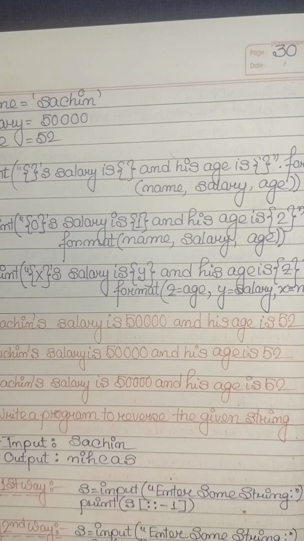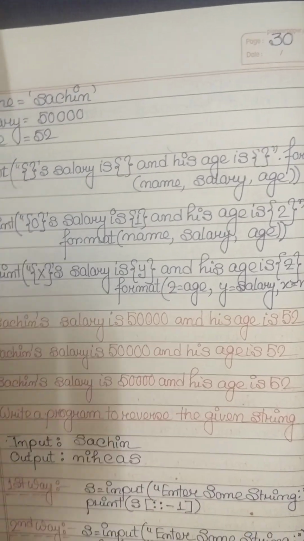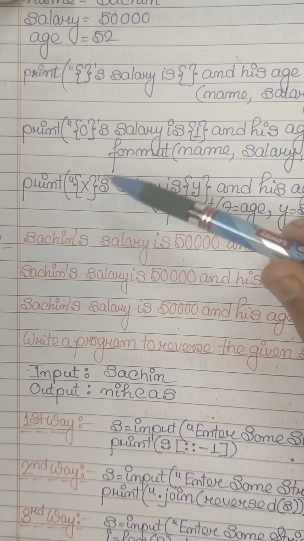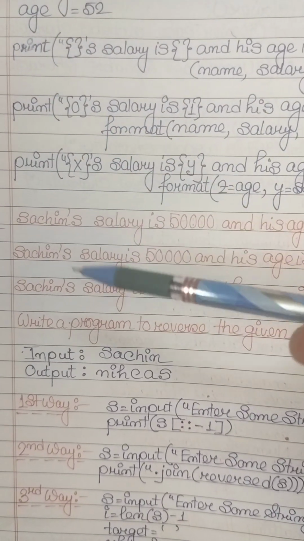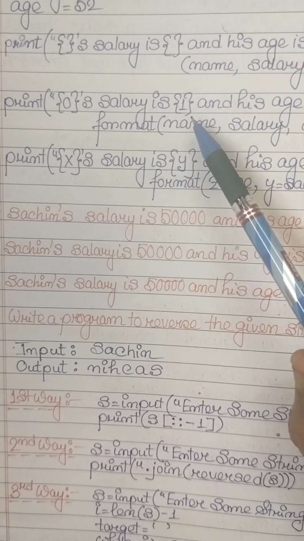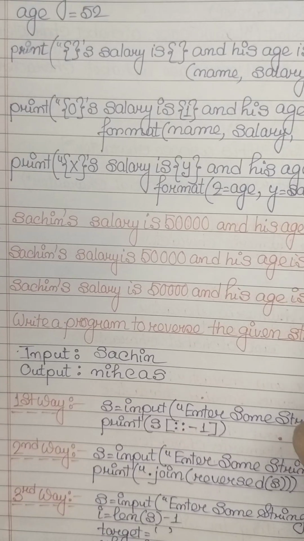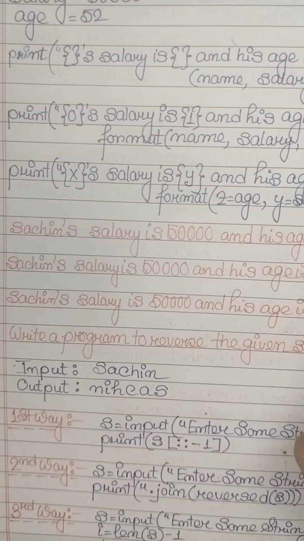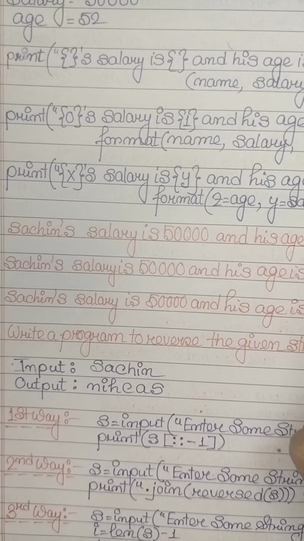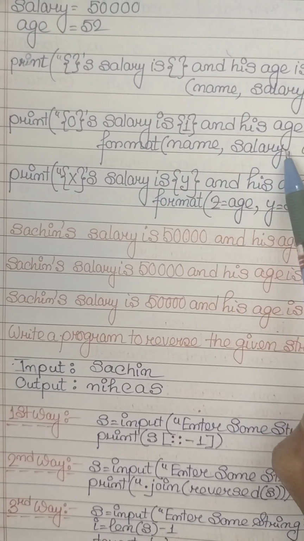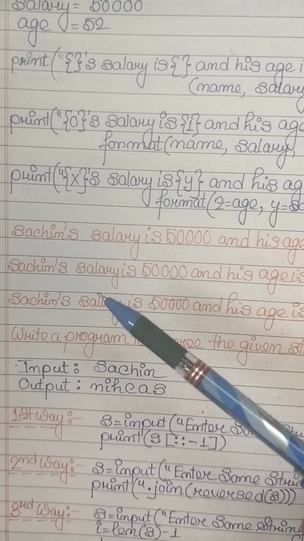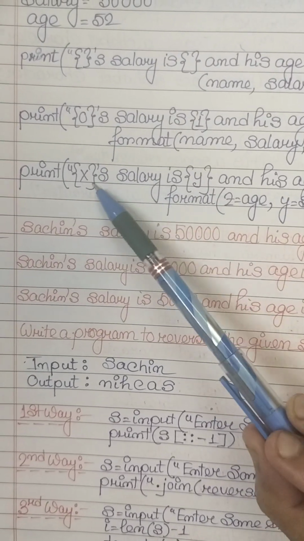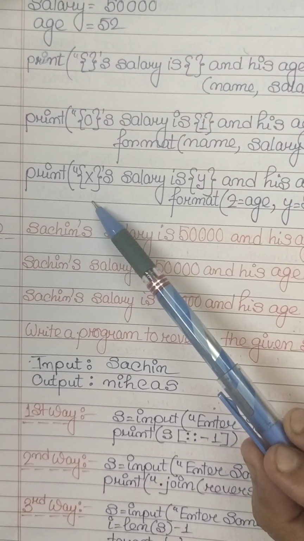The second one is like this. In print, here we have given 0, whose salary is 1 and his age is 2 in the brackets in the string. Format name, salary and age. Print x's salary, x is within curly brackets.